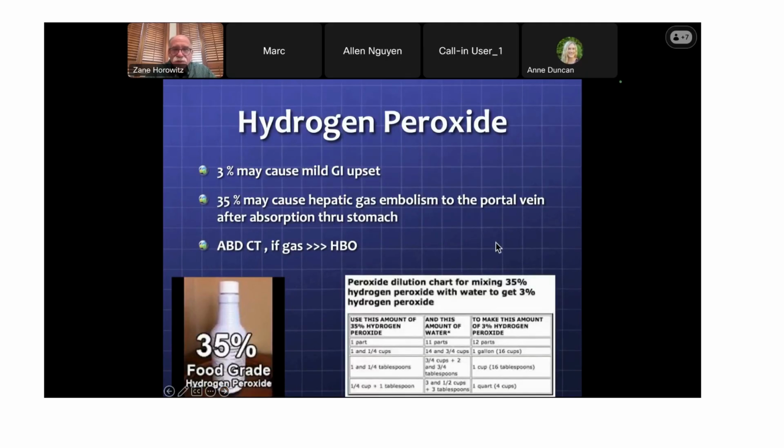This is used as a cleaning agent, as a wound cleaning agent, but in industrial strength, or food grade, hydrogen peroxide is 35% hydrogen peroxide.